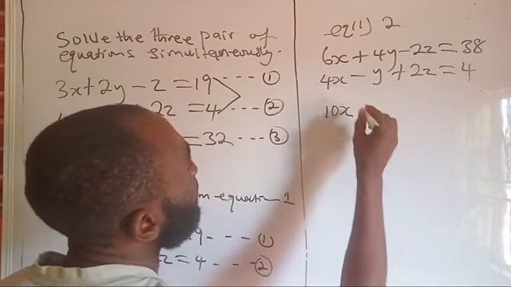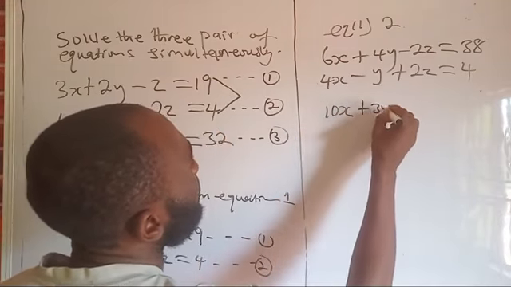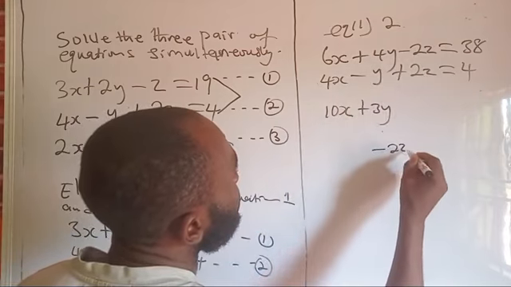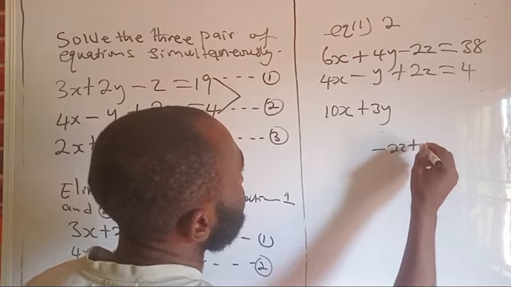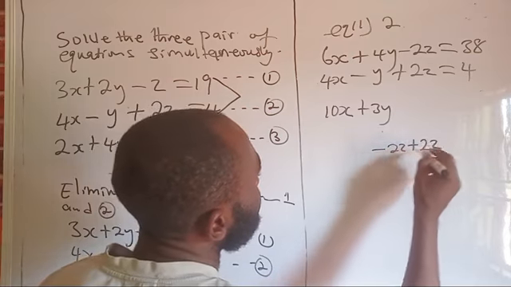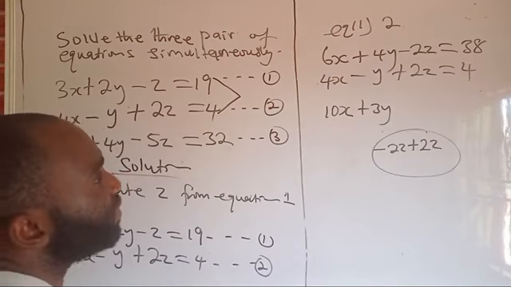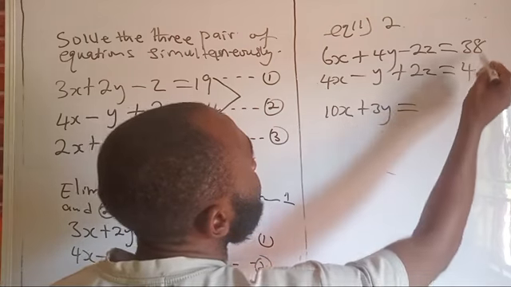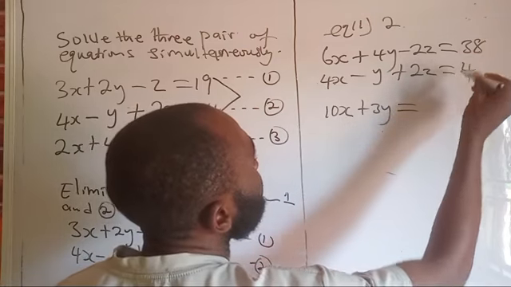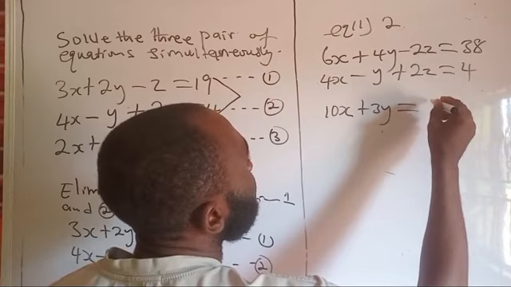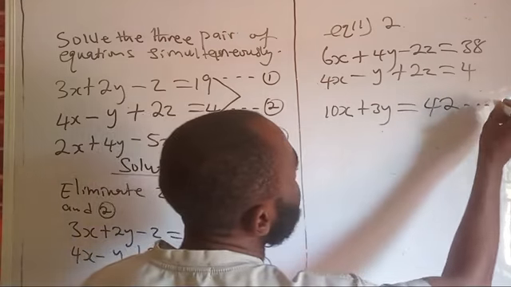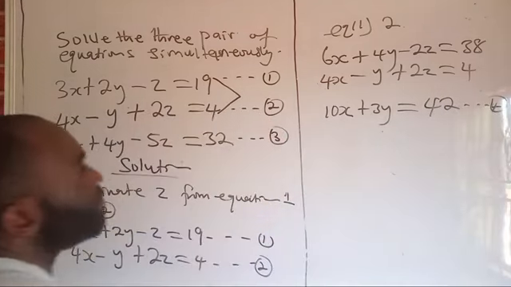Then minus 2z plus 2z gives us 0. So we have eliminated z, and that is equal to 38 plus 4, which gives us 42. This is equation 4.